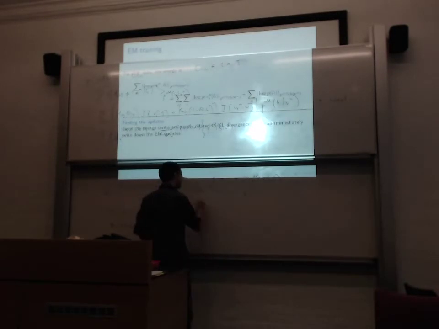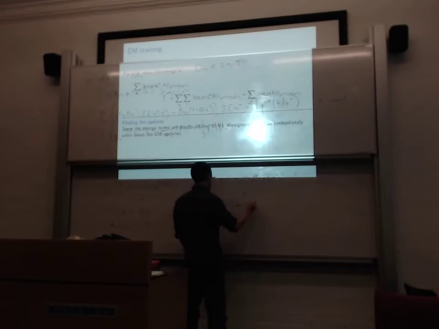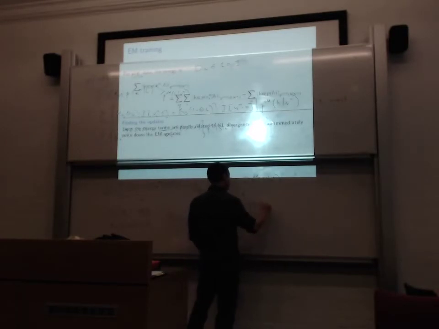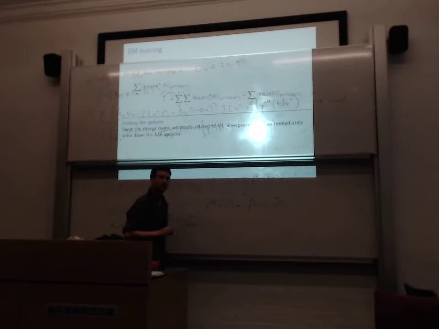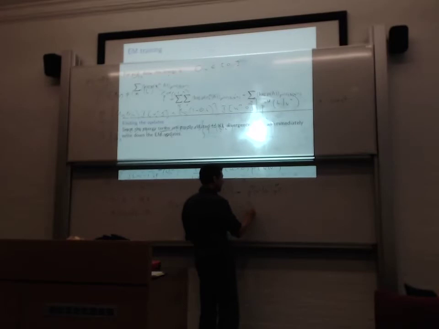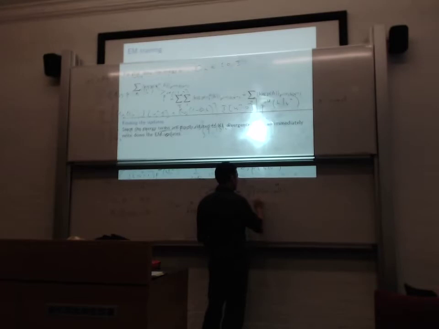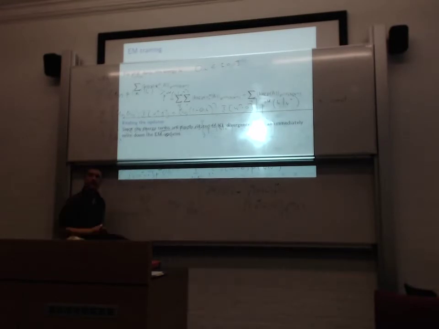So P of H given V n is just proportional to P of V n given H, from Bayes' rule, which is itself given by the product over the indices of the quantity V n for this Bernoulli distribution I H. So that's fine.